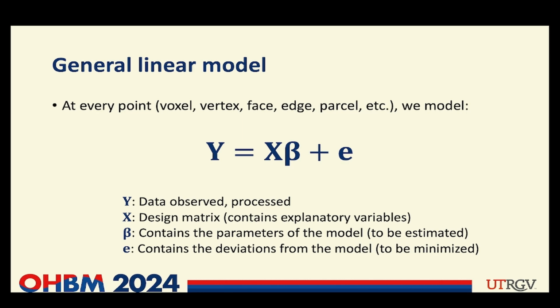So our data is going to be in that vector y. Our design matrix that contains our variables of interest is going to be X. We don't know the betas. The betas are what we are going to try to find. And we try to find that by minimizing a certain residual term that is our error vector there.